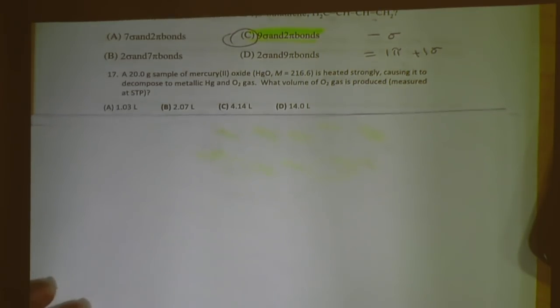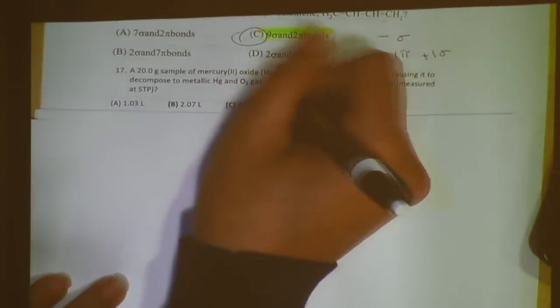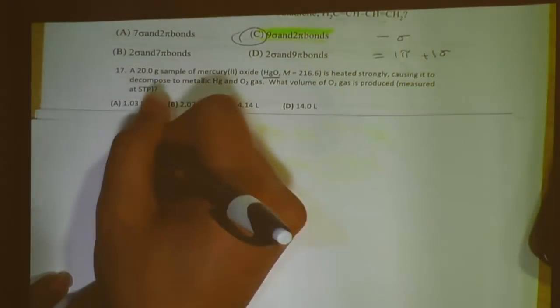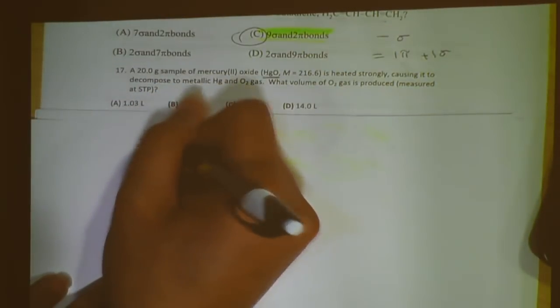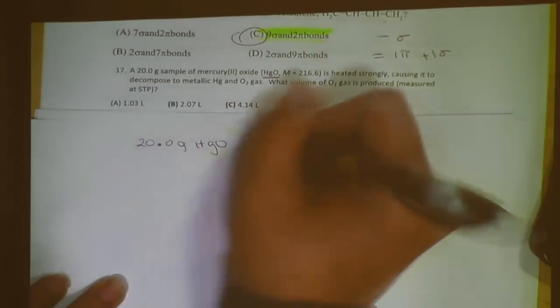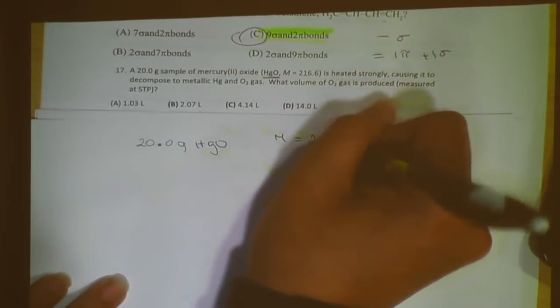What volume of O2 gas is produced measured at STP? So you have 20 grams of mercury(II) oxide, which is HgO, and the molar mass is 216.6.